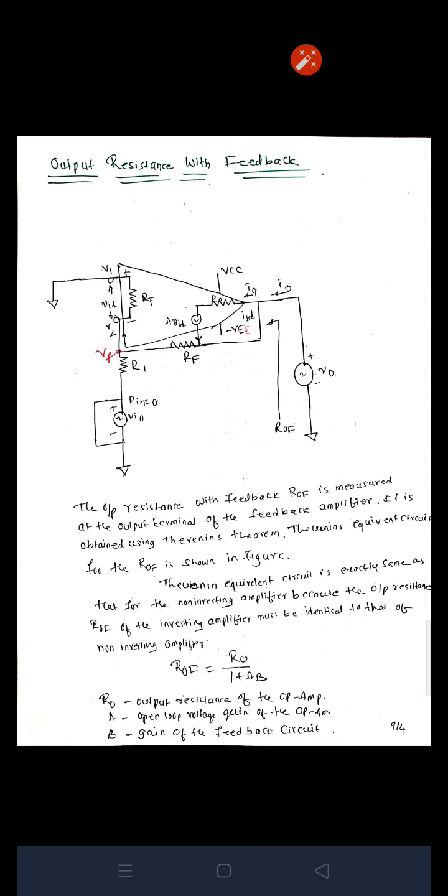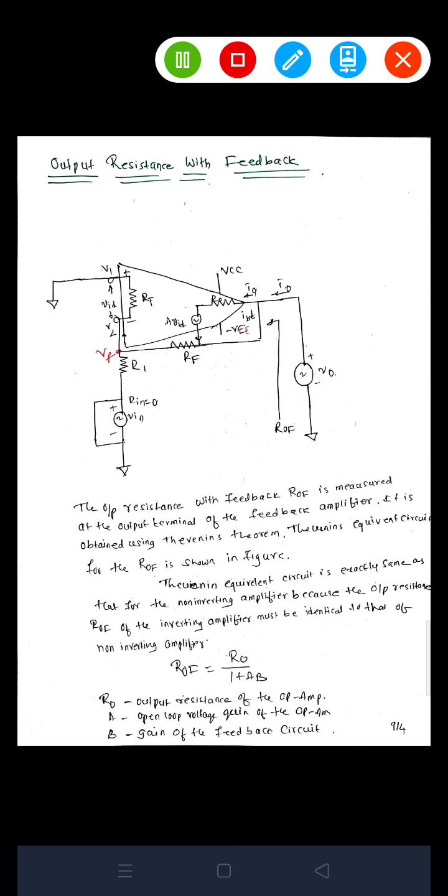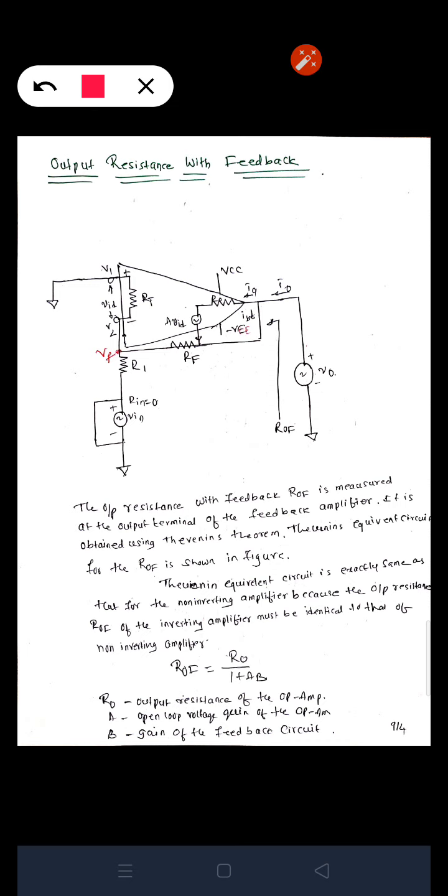Therefore the feedback output resistance is equal to R0 divided by 1 plus AB, where R0 is the output resistance of the op amp, A is the open loop voltage gain of the op amp, and B is the gain of the feedback circuit.